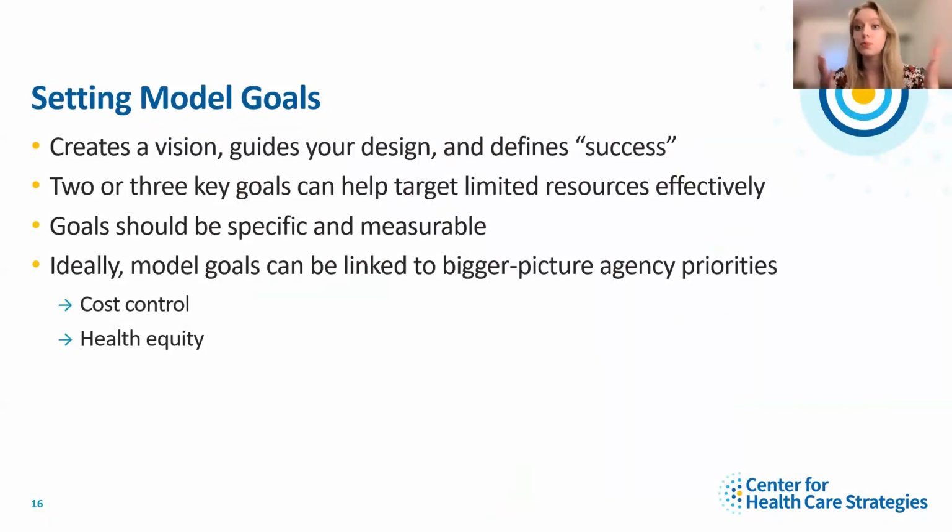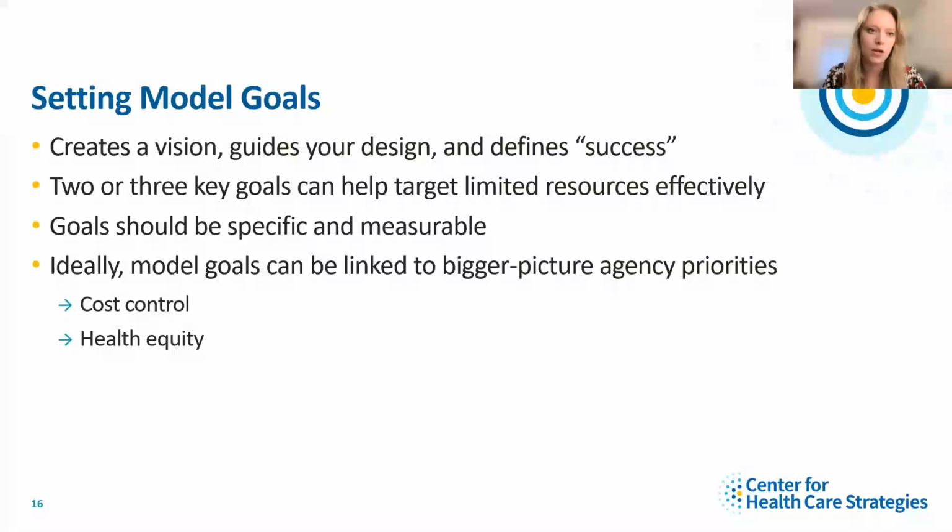Things like improve quality of care, promote population health, promote equitable care. Those are really good goals, and they're obviously the driving force behind payment reform. But they're also kind of vague, and it can be difficult at times to really measure how we're doing on meeting those goals, and difficult to apply those goals to model design choices.